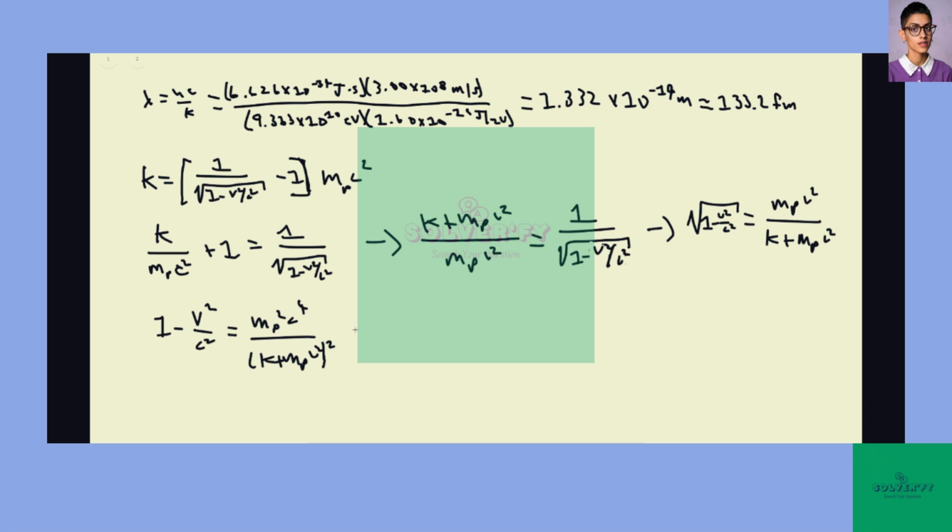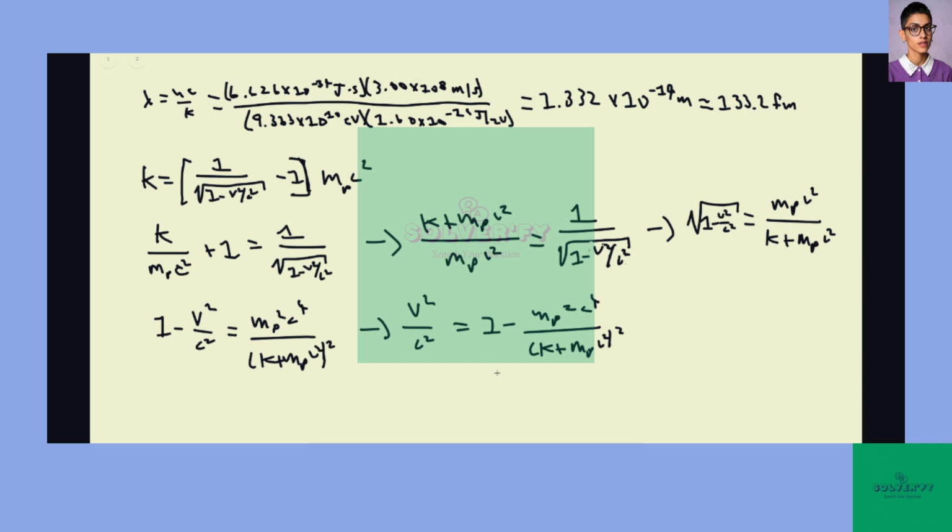All right, bring that over. V squared over c squared is going to be equal to, just checking my work here as I go through, 1 minus mp squared c to the 4th over k plus mpc squared, squared.